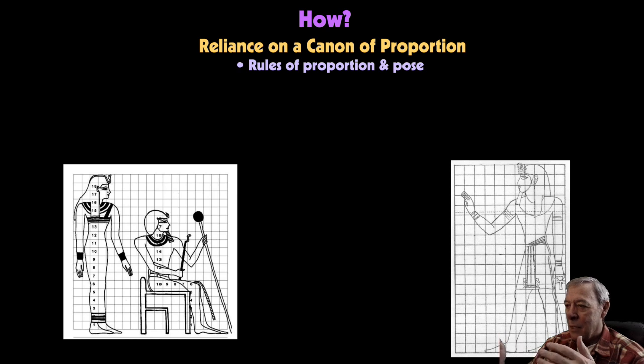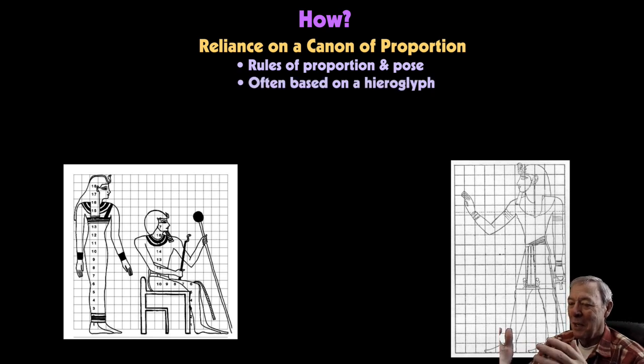Now, oftentimes these figure poses are actually based on hieroglyphs, interestingly enough. The very pose itself, the positioning of the arms and so forth, is based on hieroglyphs, and experts in hieroglyphics can identify the deeper meaning of the pose because of the hieroglyph it was based upon.